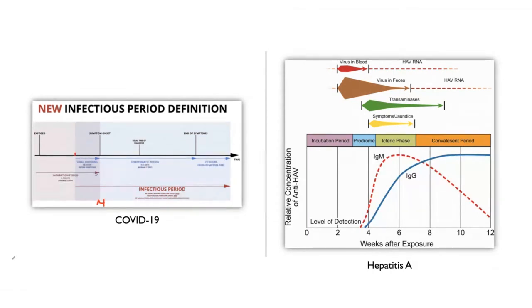After this incubation period, they start having a symptomatic period, in which the symptoms get worse and then go down, period of illness. Then they start having a recovery and the symptoms end. But notice that 72 hours after the person is symptom-free is when we consider the patient out of the infectious period.